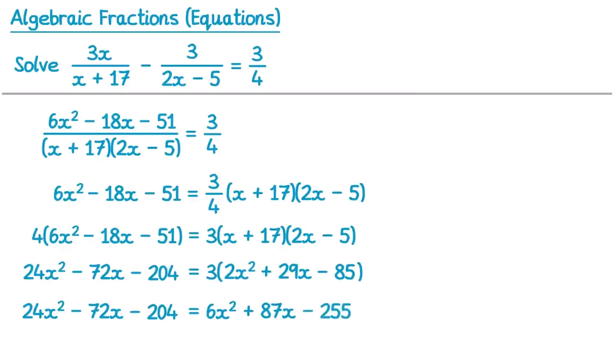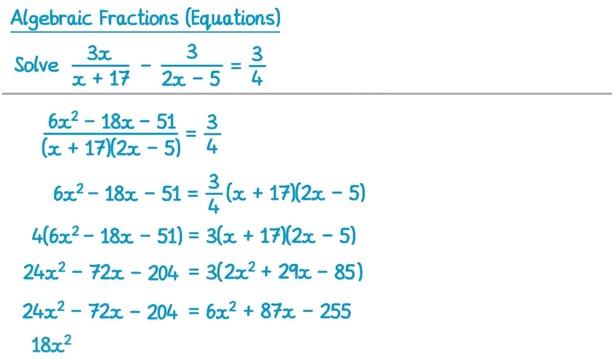Since we have more x squareds on the left-hand side, I'm going to make the right-hand side equal to 0 on this one. So I'd need to subtract 6x squared, subtract 87x, and add 255 to both sides. So on the left-hand side, if I subtract 6x squared from 24x squared, I get 18x squared.